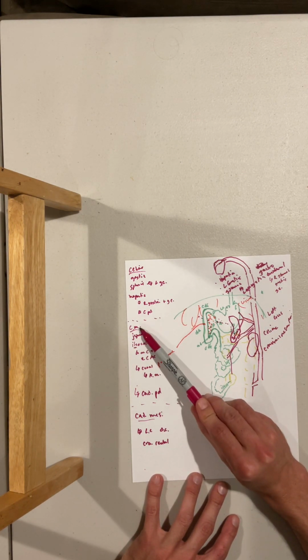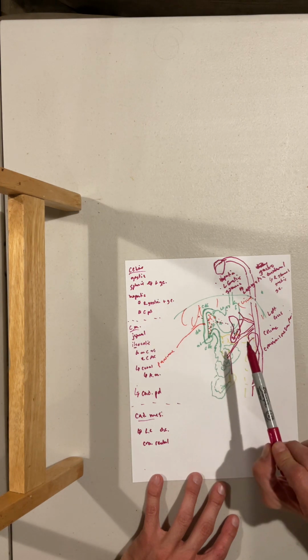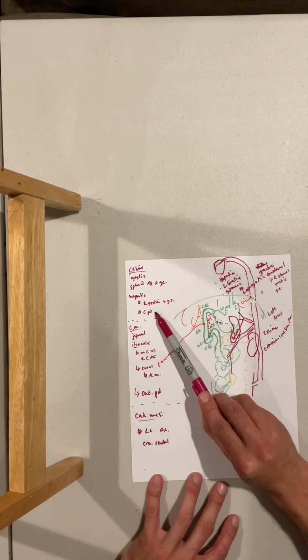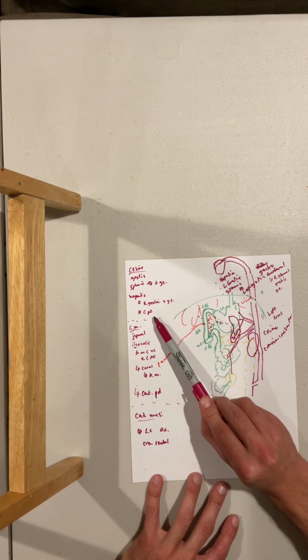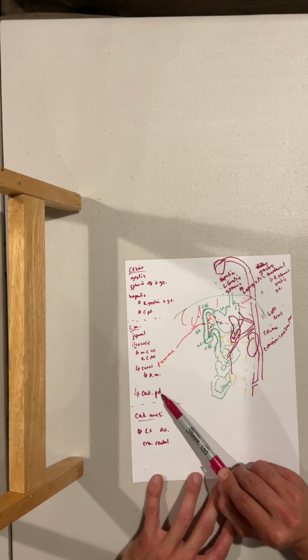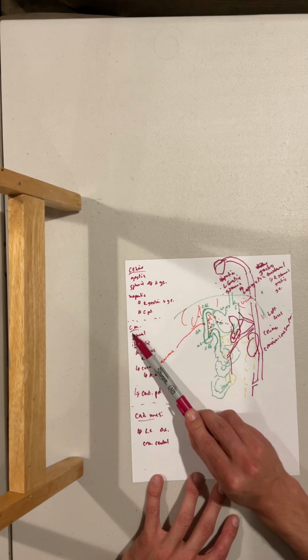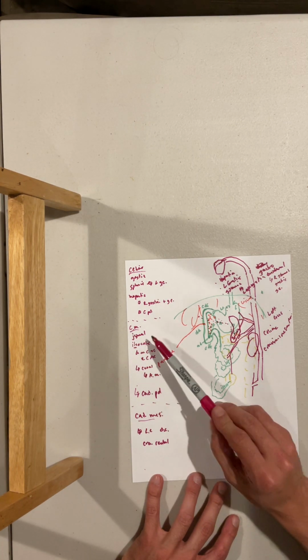We have also the overlap between our cranial pancreaticoduodenal, which was off of celiac, right? And our caudal pancreaticoduodenal, which was off of our craniomesenteric, right? So there's overlap there.